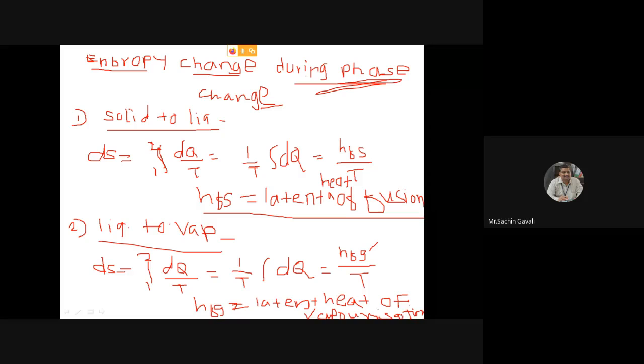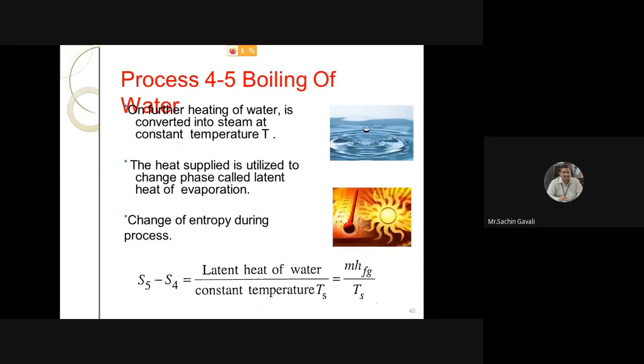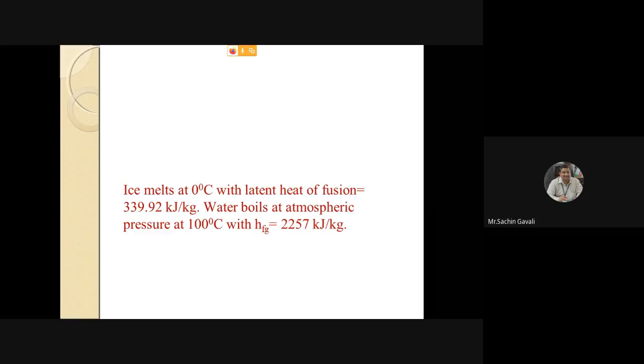Okay, now this we'll cover afterwards, but now I want the answer from your side. These numericals are asked two times in the university examination. What is that numerical? Ice melts at 0 degrees Celsius with latent heat of fusion equal to 339.92 kilojoule per kg.